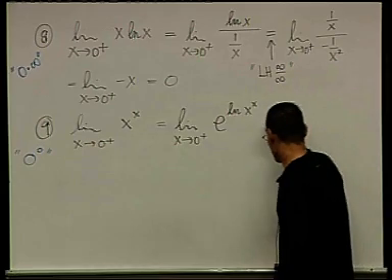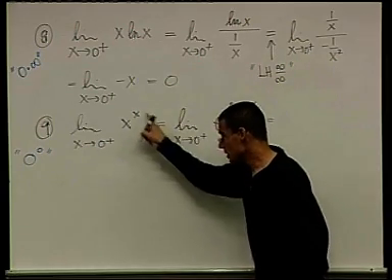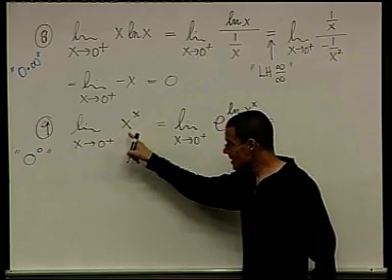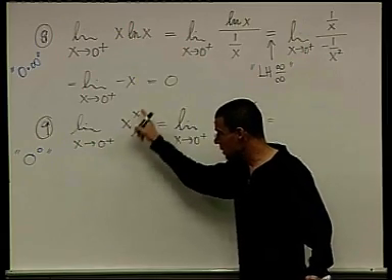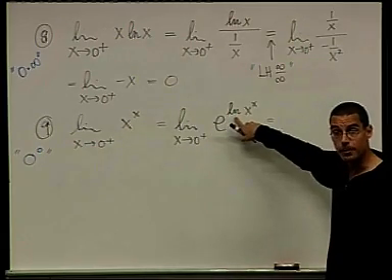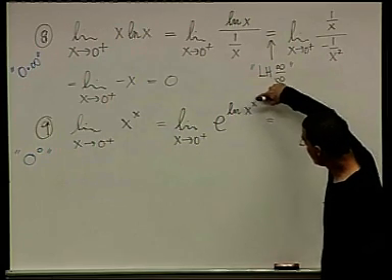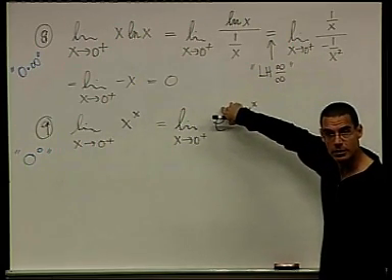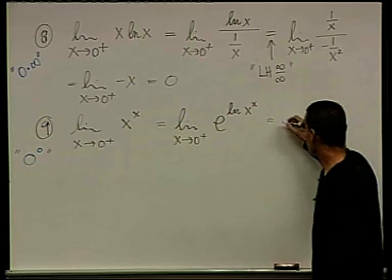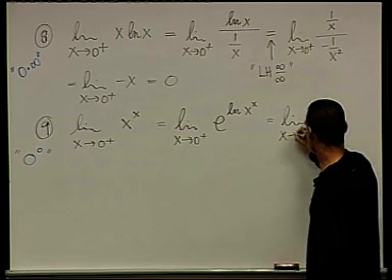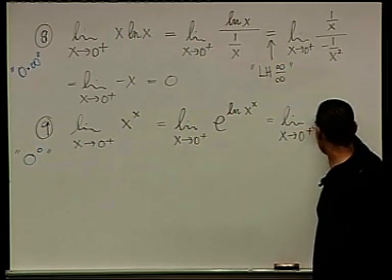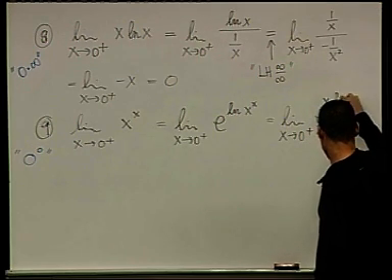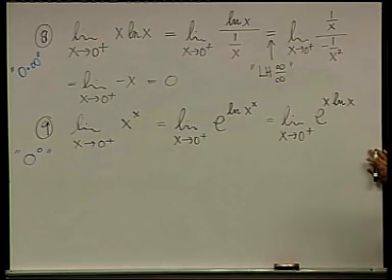But now, once I put this exponential sort of thing into a logarithm, I can pull this x as a coefficient. Do you agree? So this is the limit as x goes to 0 plus of e to the power x ln of x. Right?